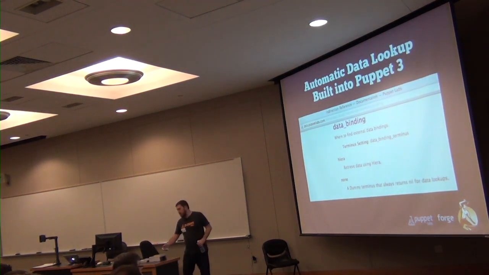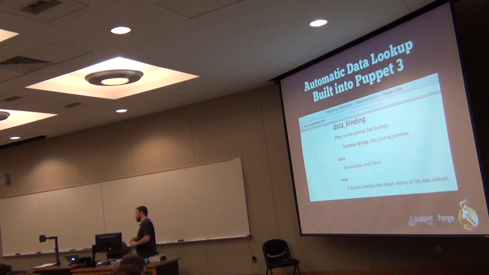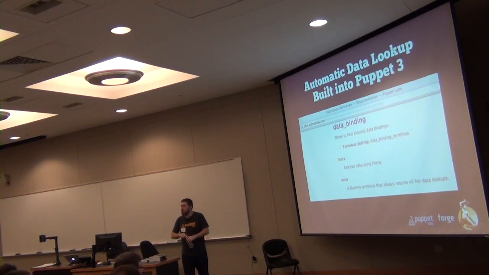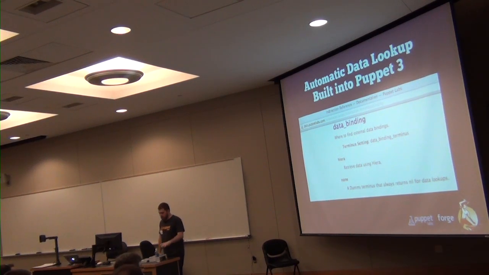And to get access to where that data came from, you notice in that manifest I didn't specify the version number anymore. We have this feature called data bindings, and its core job is to go and retrieve the value for that piece of data. By default, it uses Hiera. Data bindings is really just an abstraction layer on top of pieces of software that are meant to give you key value pairs of data.